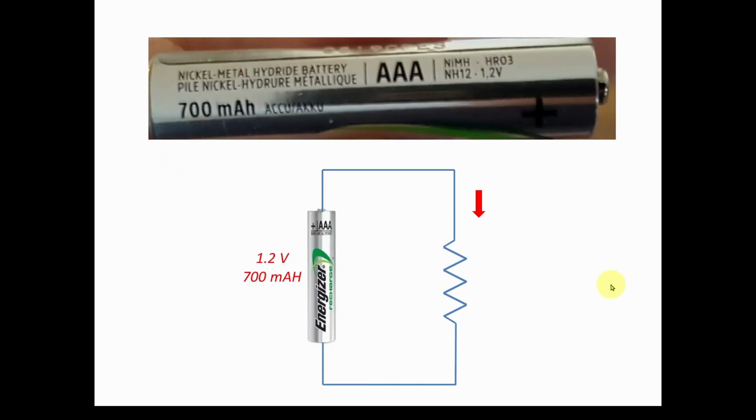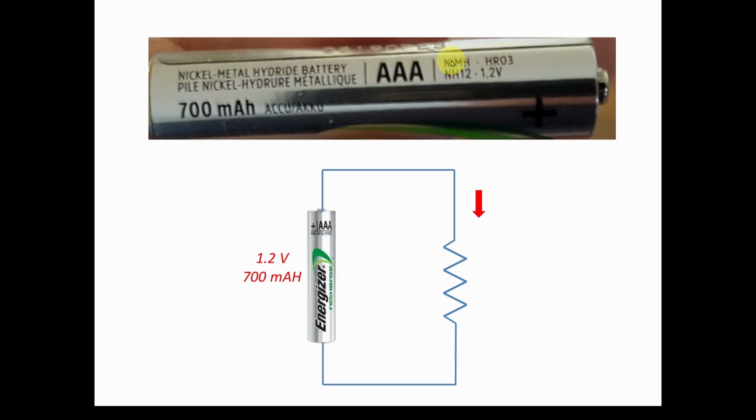So to try to understand batteries, let's first take a look at a very typical AAA rechargeable Energizer battery. The first thing we want to do is look on the label at the actual numbers. This AAA battery says it is nickel metal hydride, and that is the chemical inside. There are many different chemicals, and that's a whole different science project. For now, it's a nickel metal hydride battery, and it is a AAA.